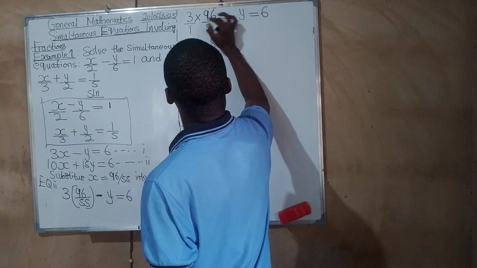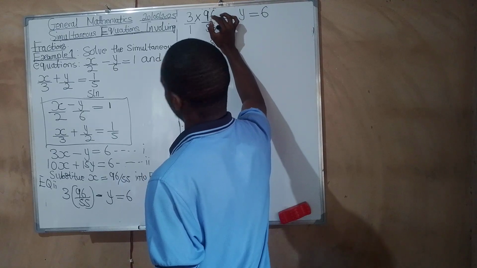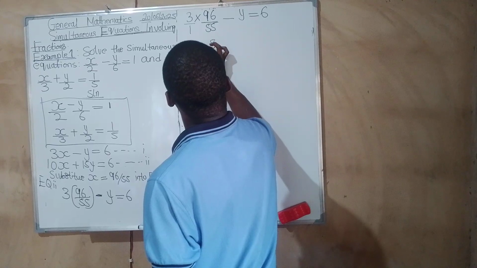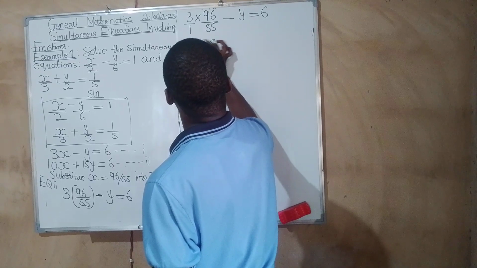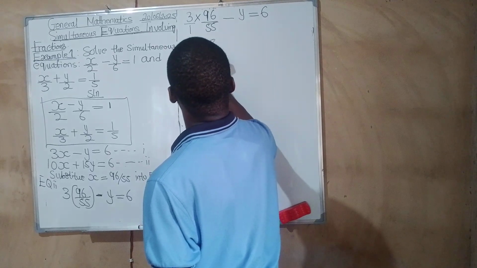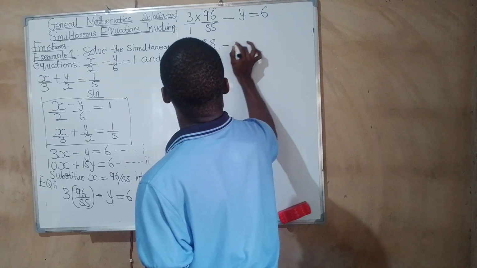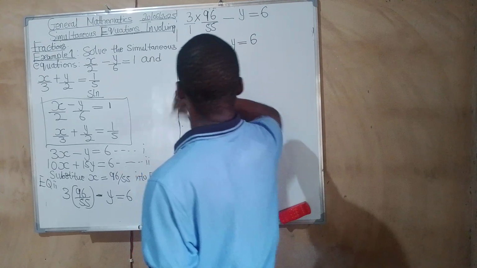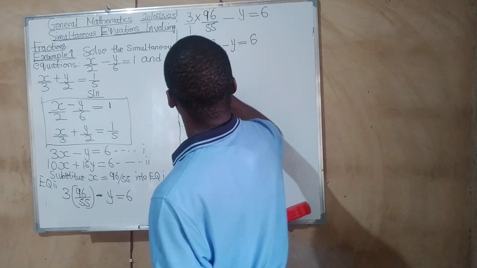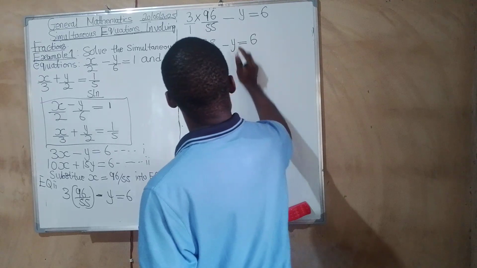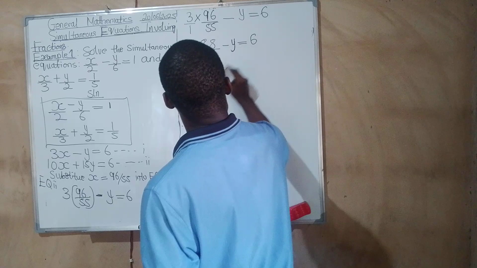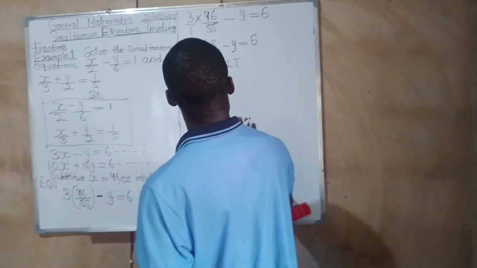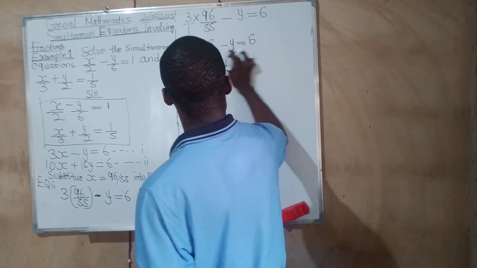Then 3 times 9 gives us 27, plus 1 will give us 288. So 288 over 55 minus y equal to 6. Can you get this now? So now we collect like terms at this point, because y is here, this is a fraction, and this 6 is a whole number.